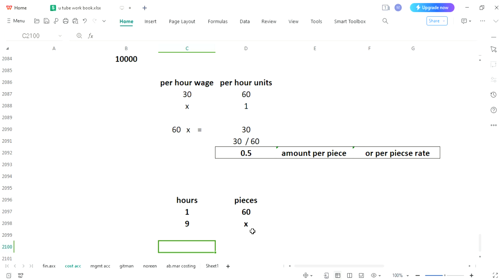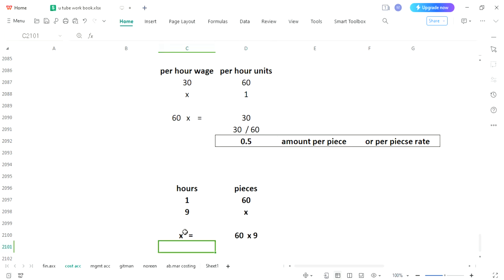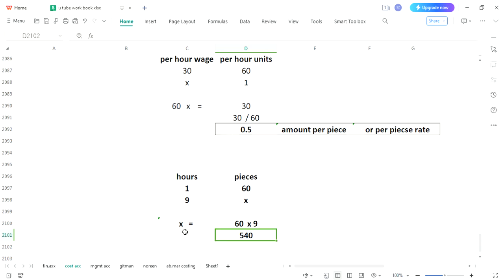So again we will not use our brain, we will just cross multiply. x would be multiplied by 1, so we will get only x, and then 60 would be multiplied by 9, and next we can get the answer: 60 multiplied by 9, 540 would be the answer. What we have calculated: look over here. In 1 hour 60 pieces are made. In 9 hours how many pieces?